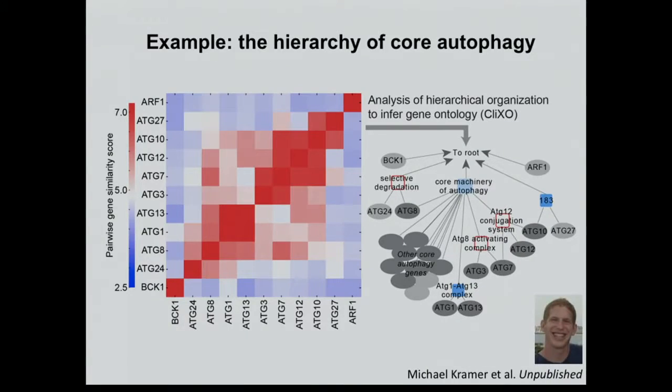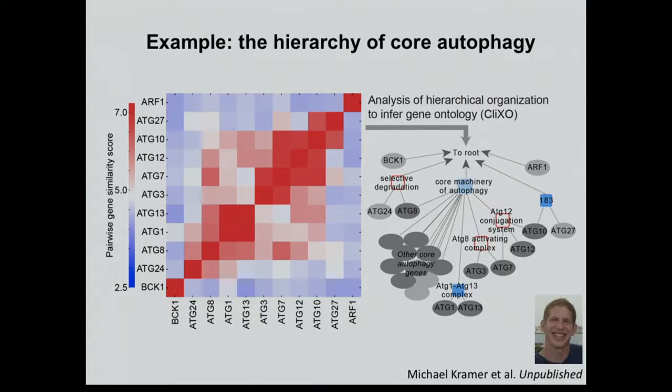But first, before I get to that, just to give some intuition about how this thing works. Here's some unpublished data from Mike Kramer's latest project. He's trying to publish it right now, where he's taken a case study of one particular process that's in all eukaryotic cells, and certainly in yeast. It's called autophagy. It's the process by which cells digest other components or components within the cell, including proteins.